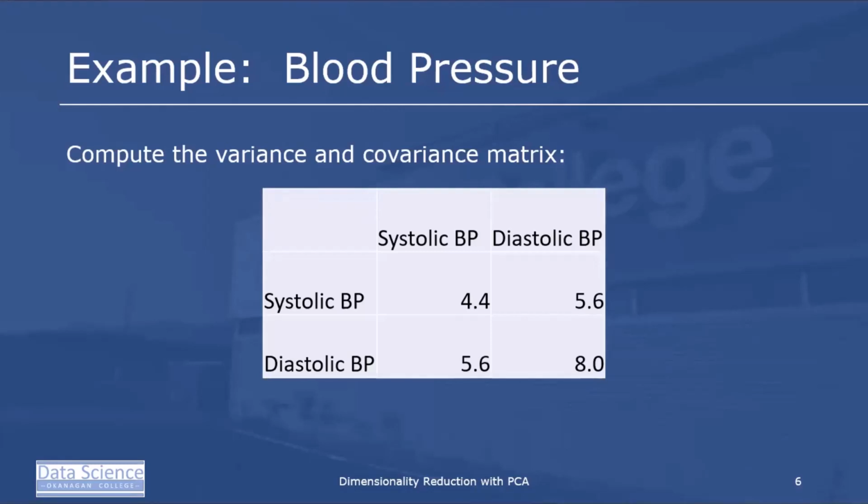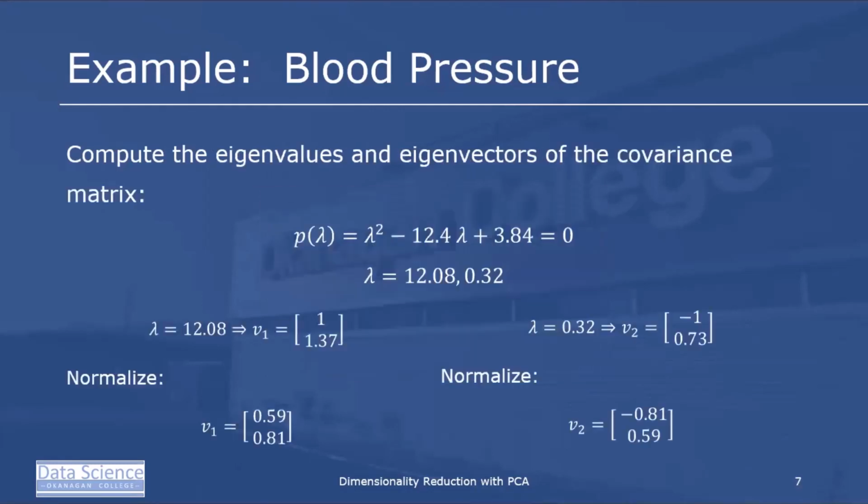When we take the determinant, we get our eigenvalues by solving P of lambda equals lambda squared minus 12.4 lambda plus 3.84 equals 0. So our lambdas are approximately 12.08 and 0.32.